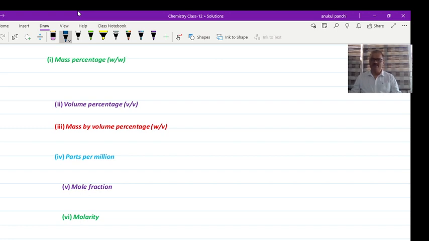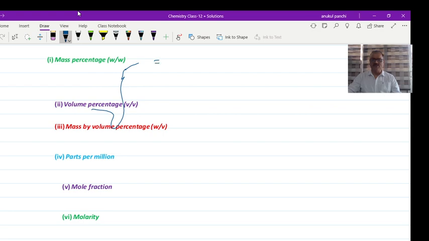We can easily get the mass of a solid. When components of a solution are solids, for example, gold and copper solution, zinc and copper solution, then their concentration is expressed in terms of their masses.